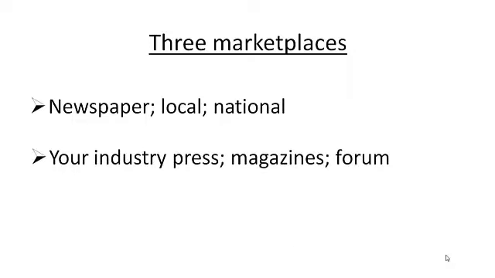The second level is your industry press, so the magazines, the forums, etc. that are devoted to your particular industry, be it coaching, personal development, business development, woodwork, anything that your industry is focused on. And the next one is article directories, which is a bit more specialist, what we'll be talking about in some detail, which is a great place to put your articles on the web, get them seen on the internet. Okay, let's quickly run through each.